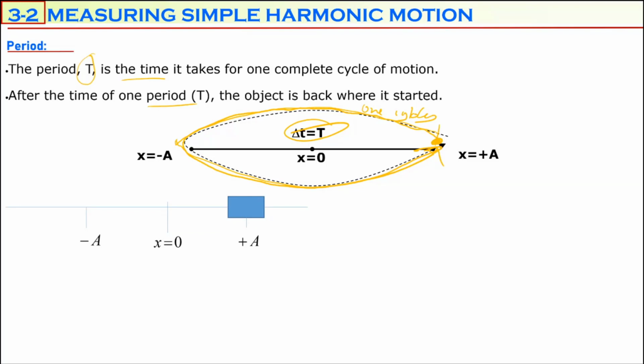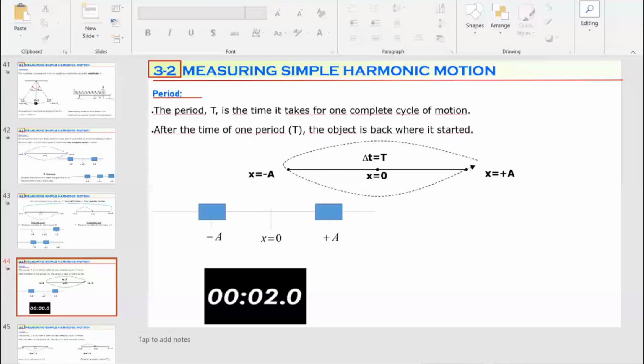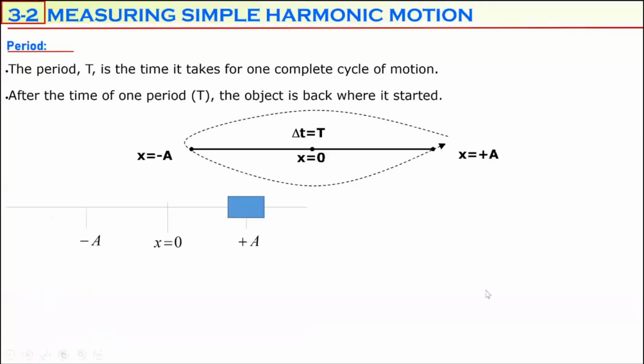I tried to make a simulation. This object will vibrate from positive A to negative A and back to positive A again. Just under this animation, I hope you are going to see a counter. So I want you to measure the time for one complete cycle, the period of this vibration. So start.